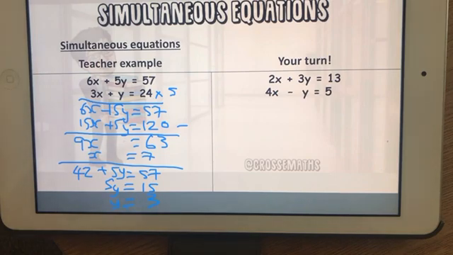Get your examples down and nailed. Okay, it's 30 more seconds on this, then I'm going to go through it.